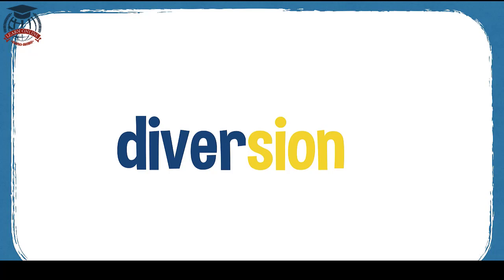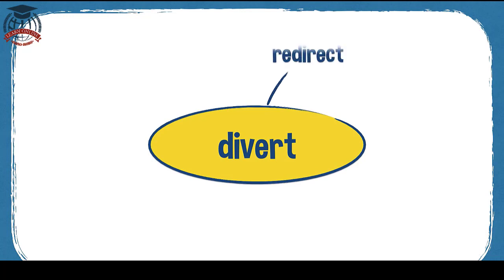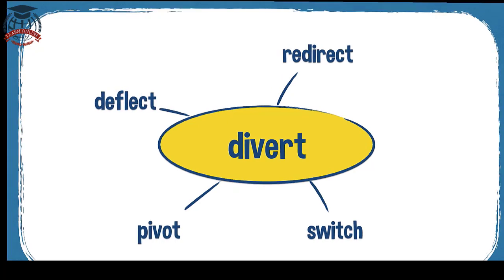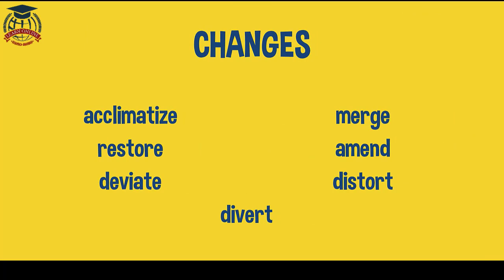Diversion uses an S. And some synonyms for divert: redirect, switch, pivot, deflect. So there are your 7 changes words: acclimatise, merge, restore, amend, deviate, distort, and divert.